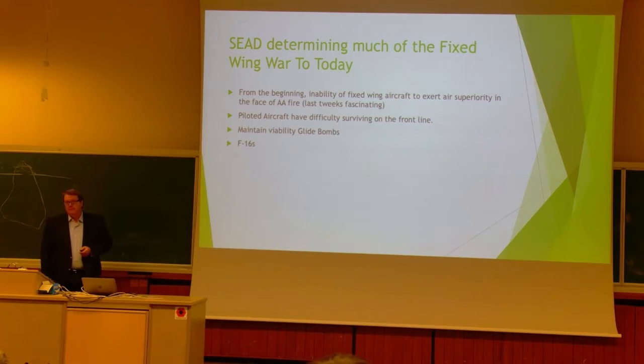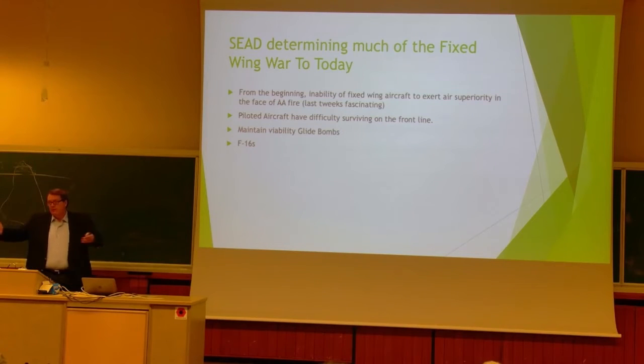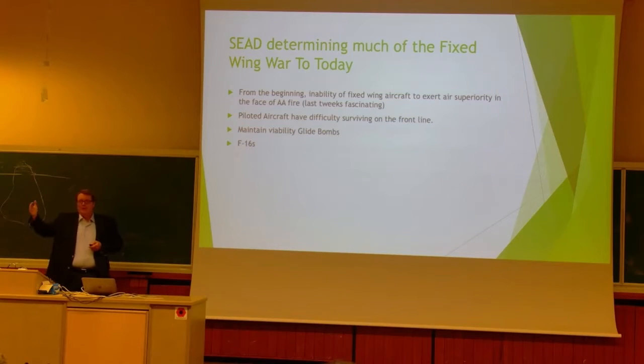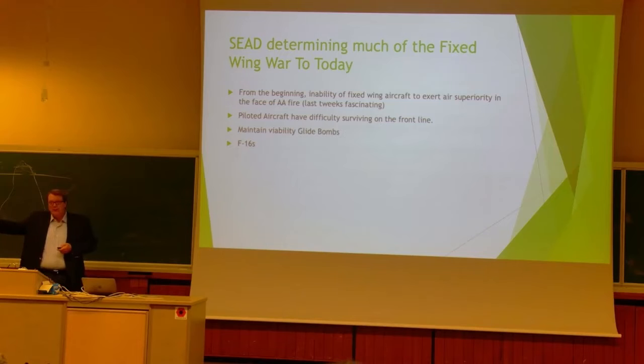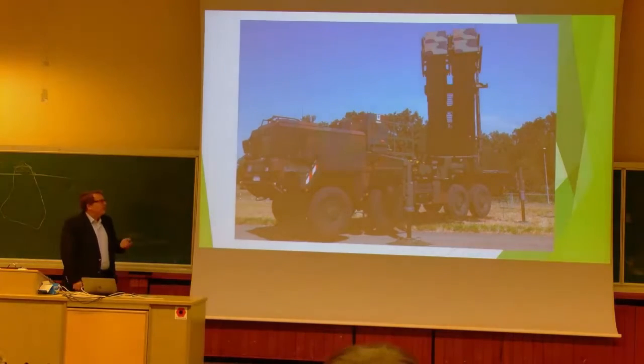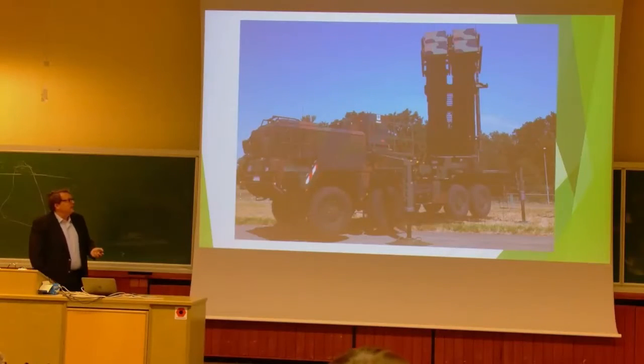So most aircraft in this war are staying a long way on both sides from the front lines. What they do is get as close as they can, but stay out of air defense range, and drop ordnance that is either a glide bomb or a cruise missile, which will go into the battle area. But they're staying outside. For the Ukrainians, their big system that's allowed them to do that is the Patriot.